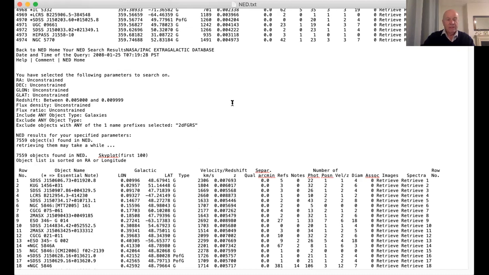And that then gives you a GIF file, a JPEG file, which gives a single frame. And by placing all these frames in sequence, you get a video which shows the evolution of galaxy positions.